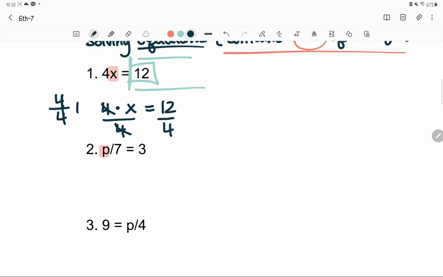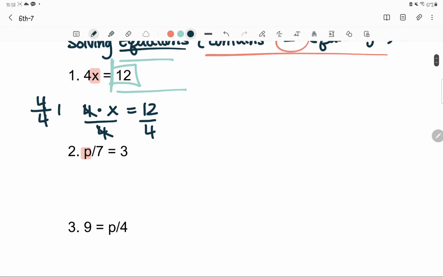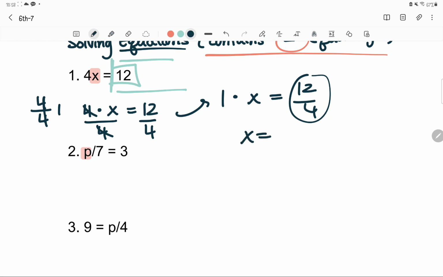And don't forget that you have to divide the same number on both sides. I can write this as 1 times x equals 12 over 4. And as you know, 12 over 4 is just 3, right? So x is 12 over 4, which is 3.